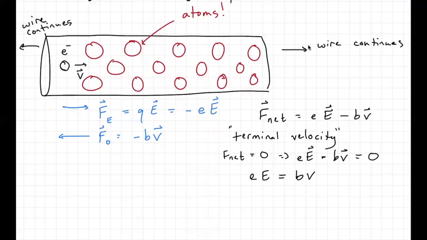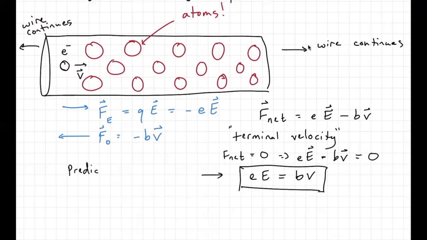And this is predicting that we get some sort of constant velocity. So the prediction of this model is that velocity becomes constant after a short amount of time.